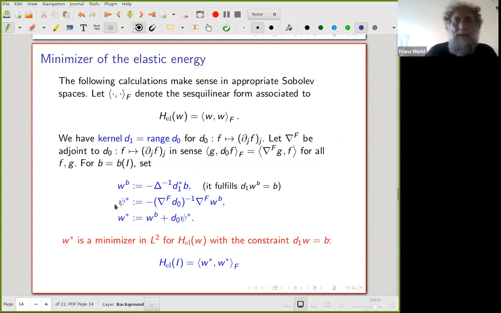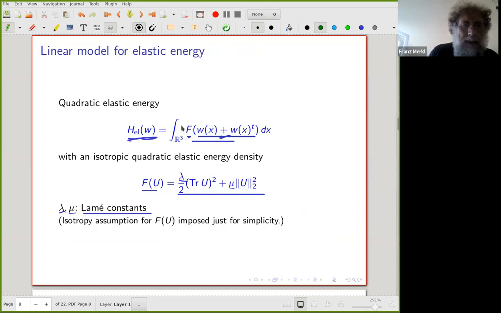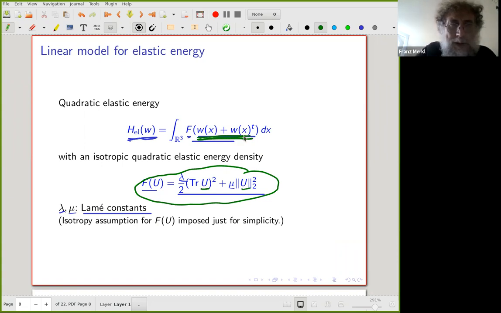So first, let me come to the minimizing of the elastic energy. The elastic energy is a quadratic form. It comes from a second order Taylor expansion of the elastic energy. Let me look at it again. So here, this is quadratic in U, and W plus W transpose is linear, so this is a quadratic form.